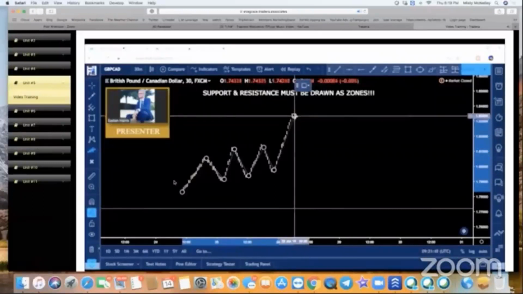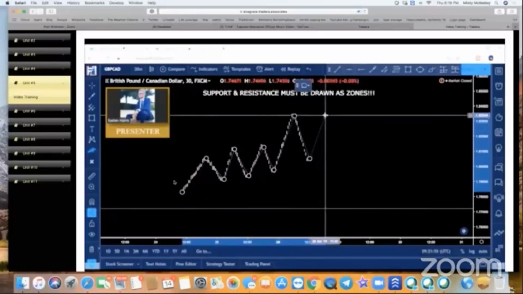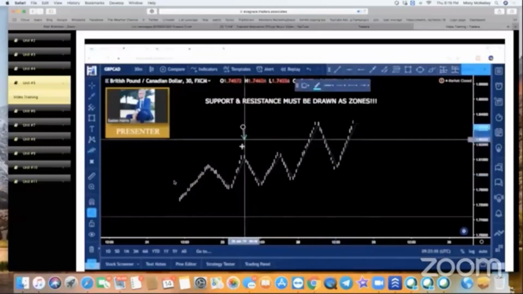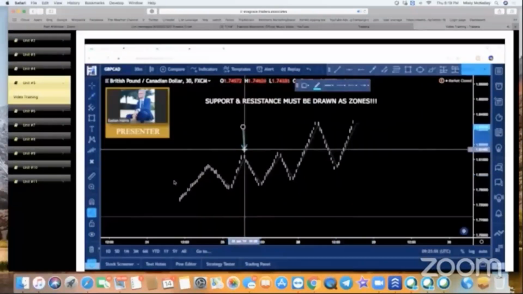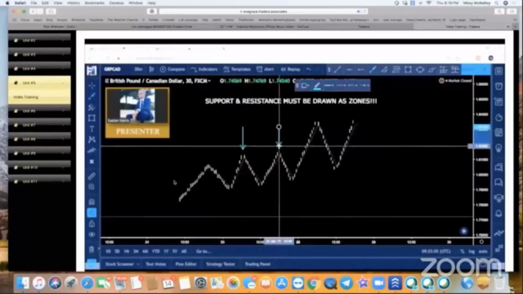Now, in the previous videos, we were using support and resistance as lines just to demonstrate the concepts of it. But here, I'm going to show you how that fails. I'm drawing out this example right now, and we're just going to take a look at how this played out. Now, if we want to put a resistance here, here are our reaction points to a resistance.